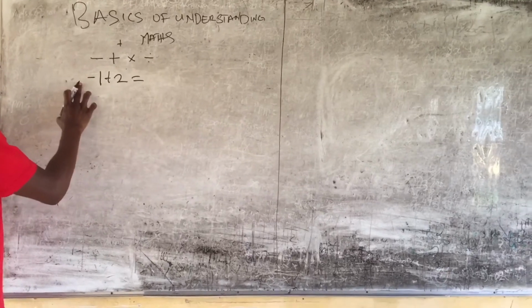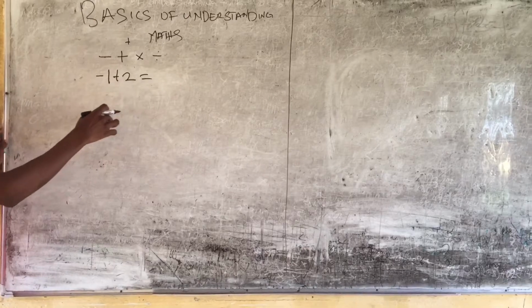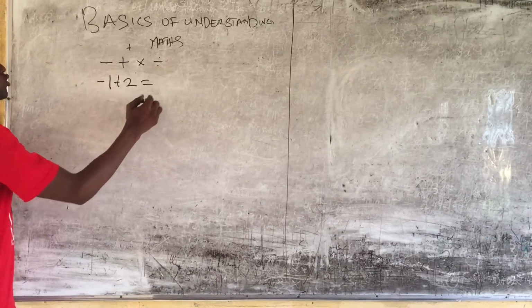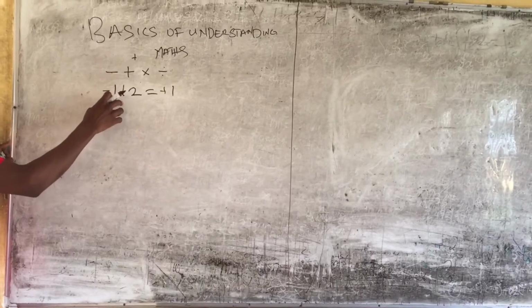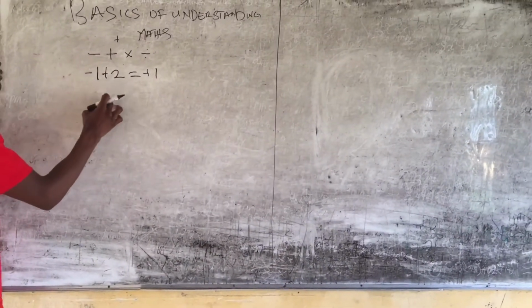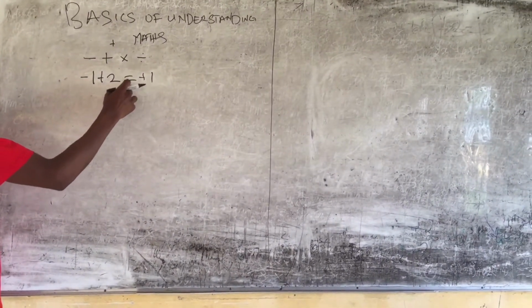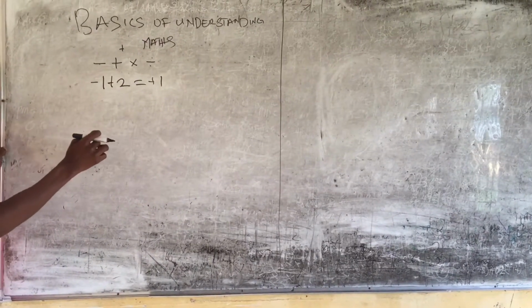So now assuming what I have on the board, I have minus 1 plus 2. What will be the result? The result will be plus 1. Why? 2, which is the highest number, bears plus. So when you have any expression or equation that bears 2 signs, the sign with the highest number goes with the result, just as the one we have on the board.